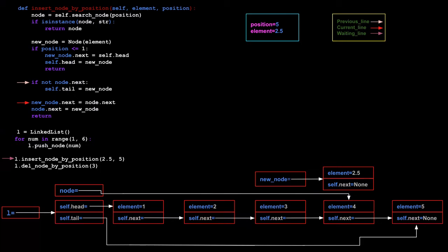Now, watching this line, watch how we set the field to point to where node.next is pointing to. So if we look at the box where the pointer named node is, we follow the arrow, we are pointing at the node that contains the element 4, and we are saying, okay, give me the field .next. What is the address in there? Give me that and assign it to the new node.